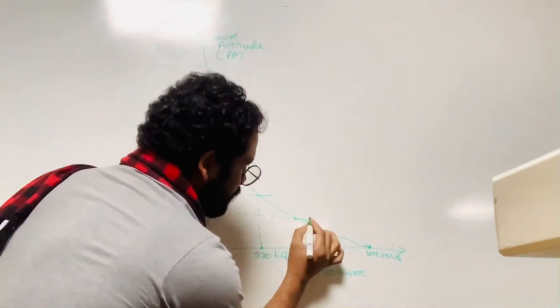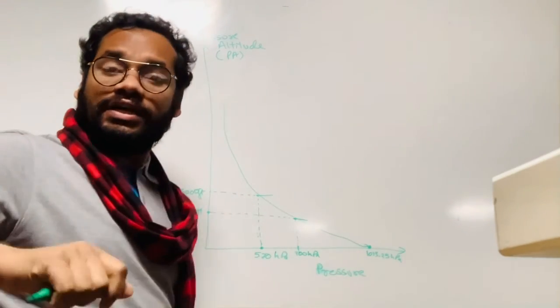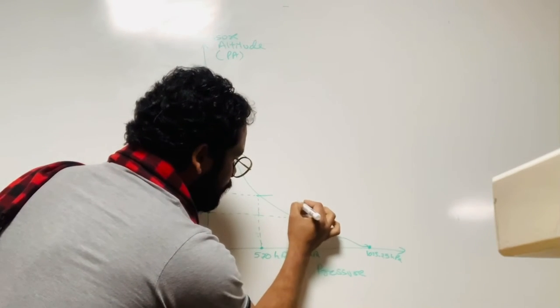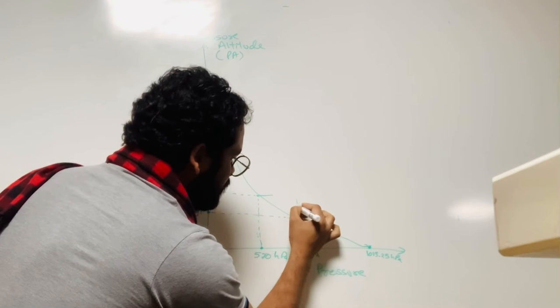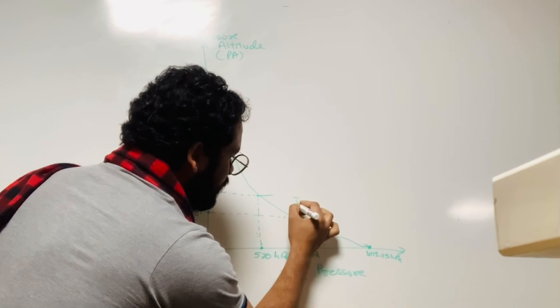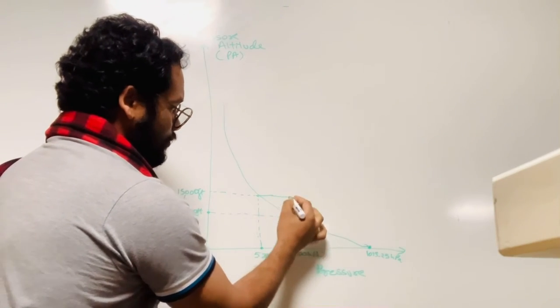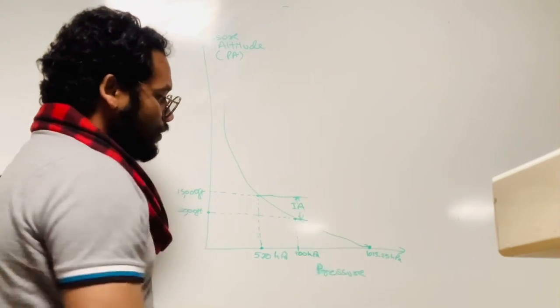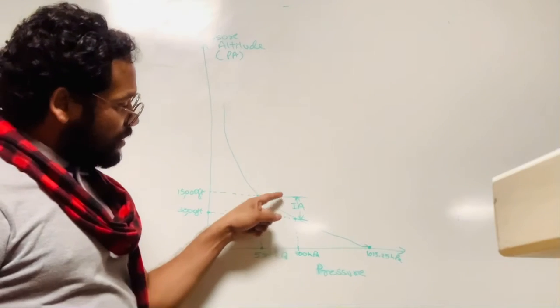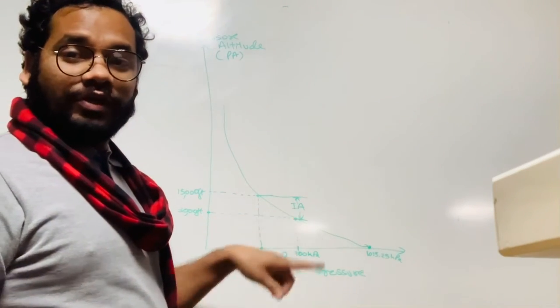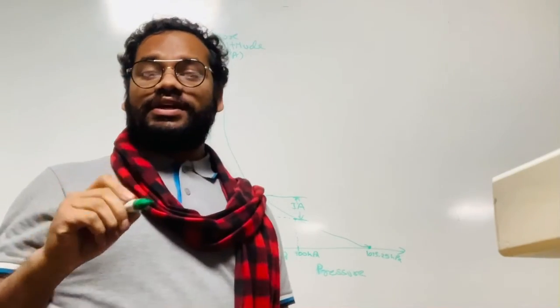This one is because of the 900 hectopascal, which is the reference pressure set by you. Between these two, whatever the distance or difference is, that is called the indicated altitude, IA. So the altimeter would be indicating the indicated altitude.